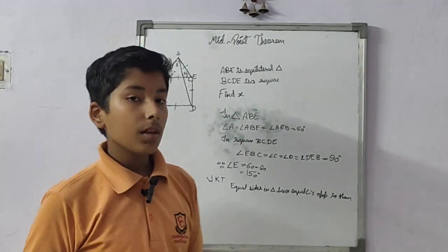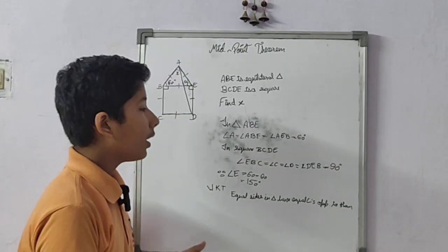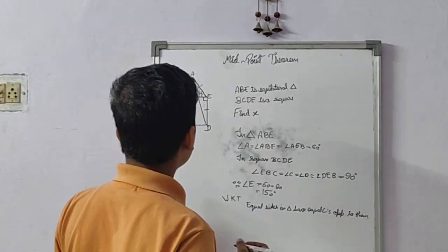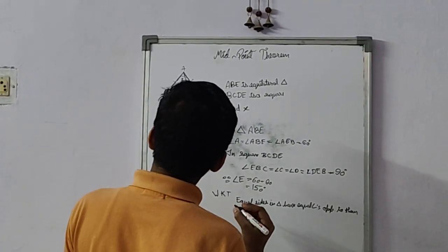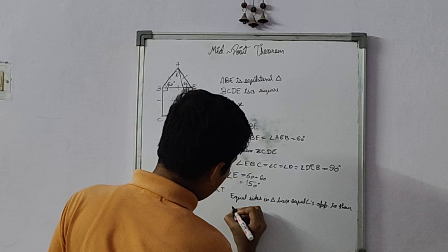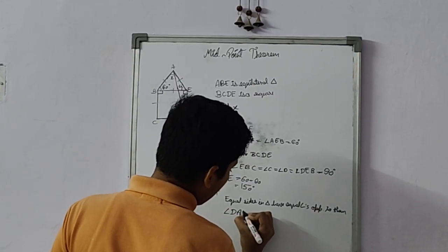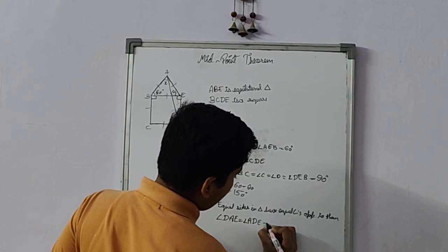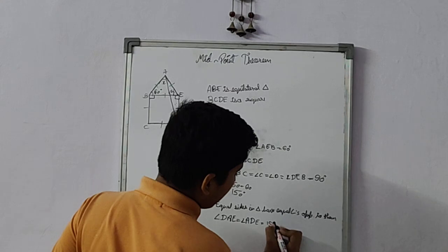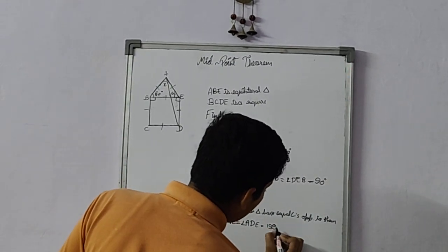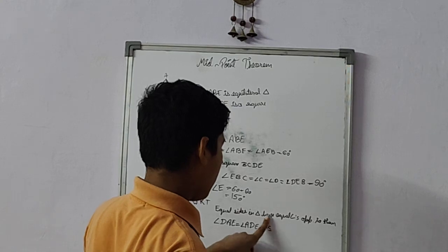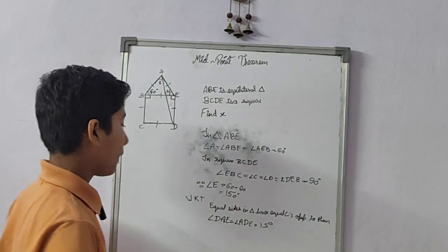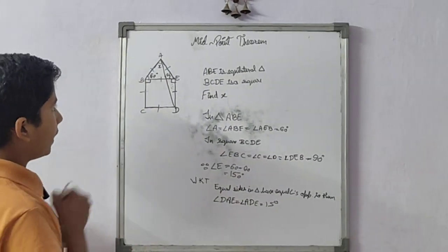It is 30 degree. So 30 degree will be divided in 2, means 15 each. Angle DAE equal to angle ADE equal to 15 degree. Okay, so now x we have to find.